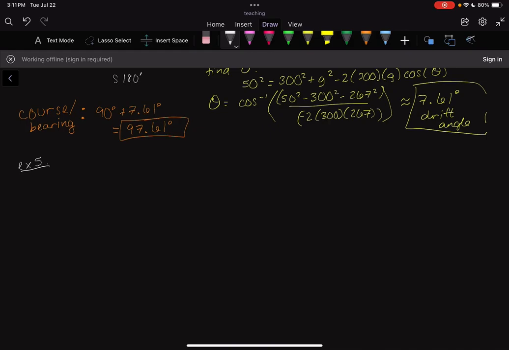So let's see. An airplane is headed due west with an airspeed of 425 miles per hour.